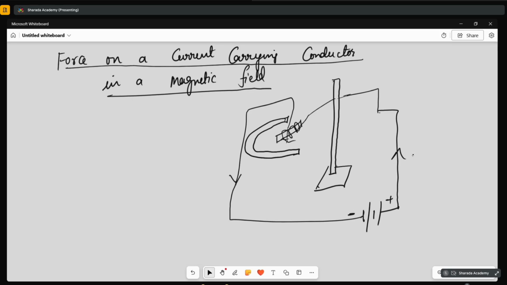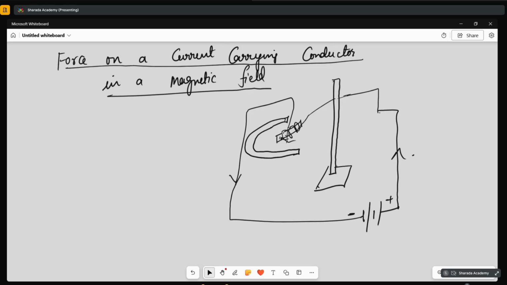So, force on a current carrying conductor in a magnetic field. That is, when a current carrying conductor is kept under the magnetic field. Here, this is a horseshoe magnet, which is a permanent magnet. So, a magnetic field will be produced around it. And when a current carrying conductor is kept under this magnetic field, a force is applied on the conductor.